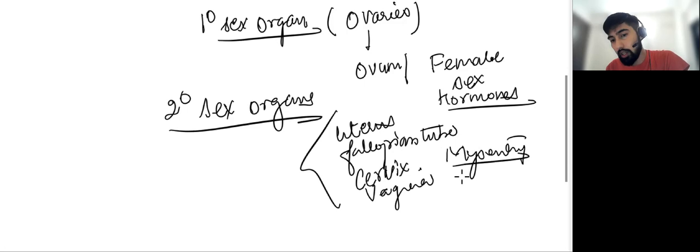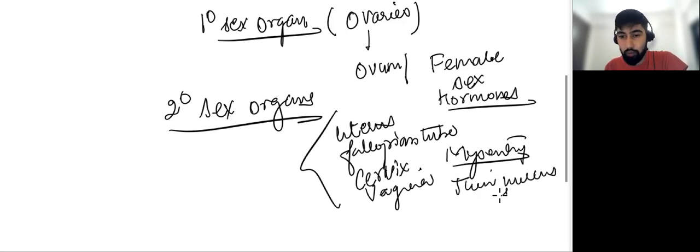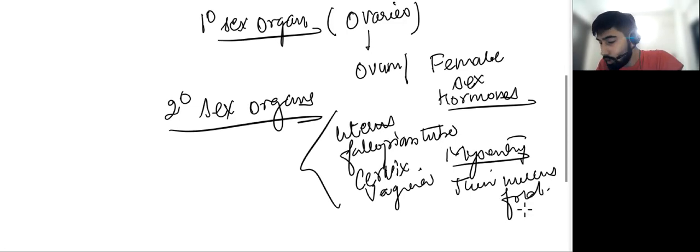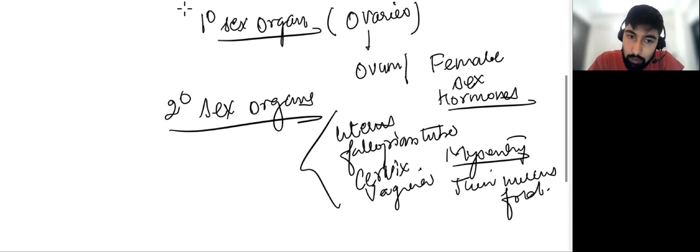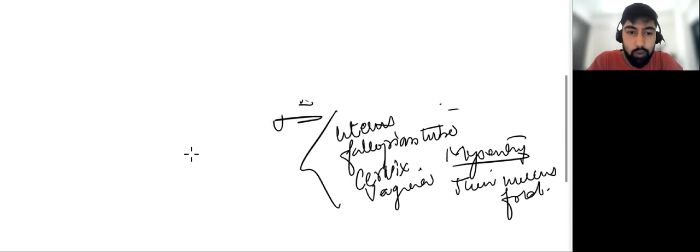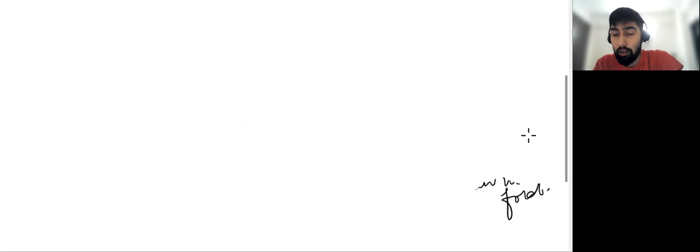This is a thin mucus fold, right? So that is the outline of the female reproductive system. The primary sex organ is associated with gametogenesis, as well as it secretes certain hormones.